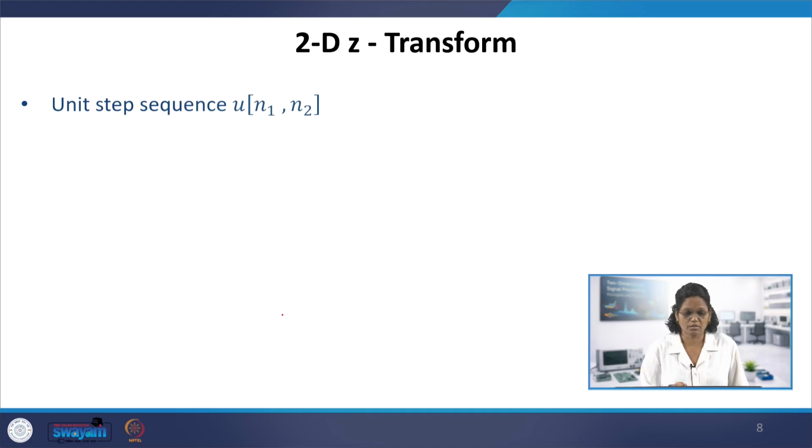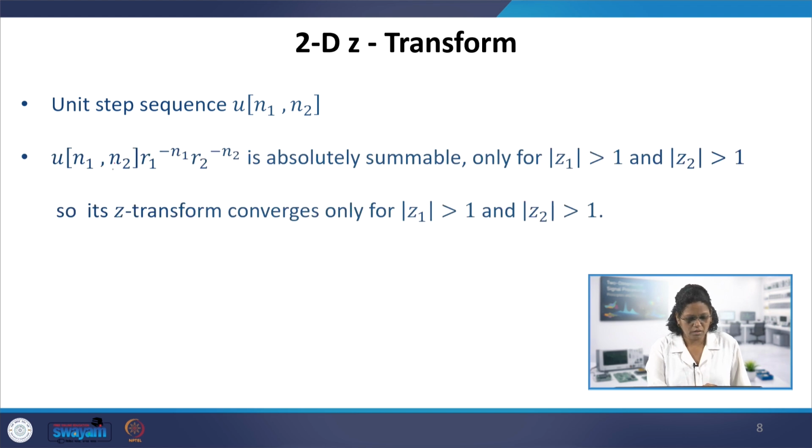Supposing we take a unit step sequence u of n1 comma n2, the absolute summability will have x of n in the previous summation replaced with u of n1 comma n2, and it is absolutely summable only for magnitude of z1 greater than 1 and magnitude of z2 greater than 1. So this can be defined only for these r1 and r2 values, z1 greater than 1 and z2 greater than 1. So this is defining the region of convergence.